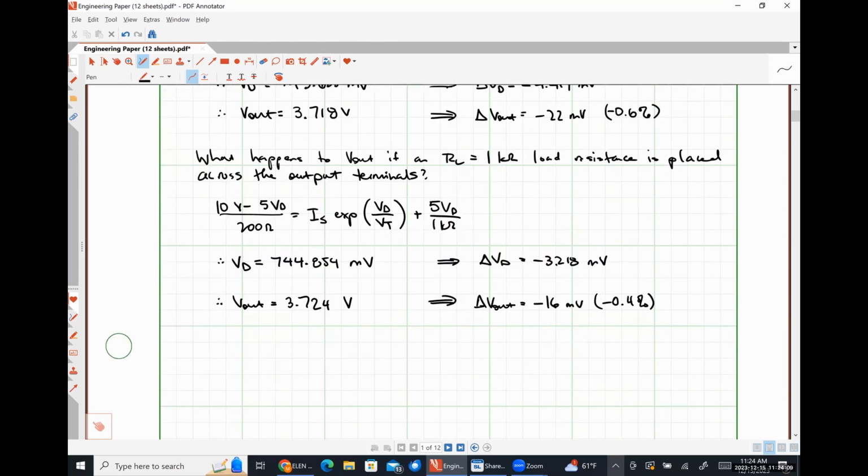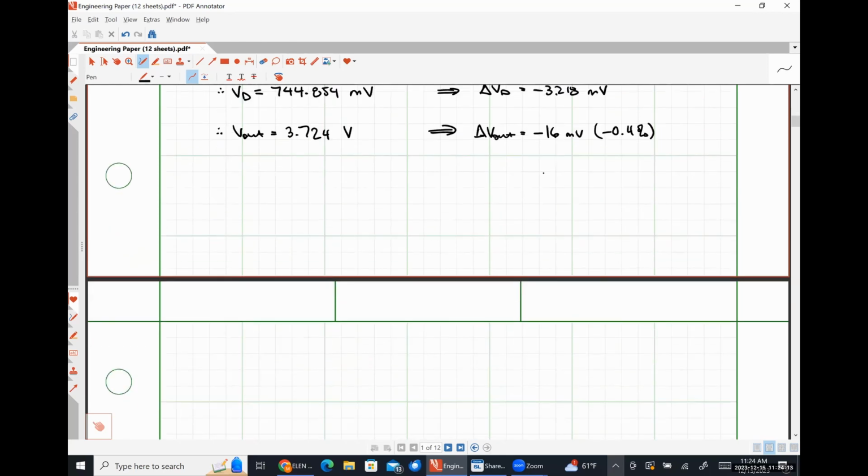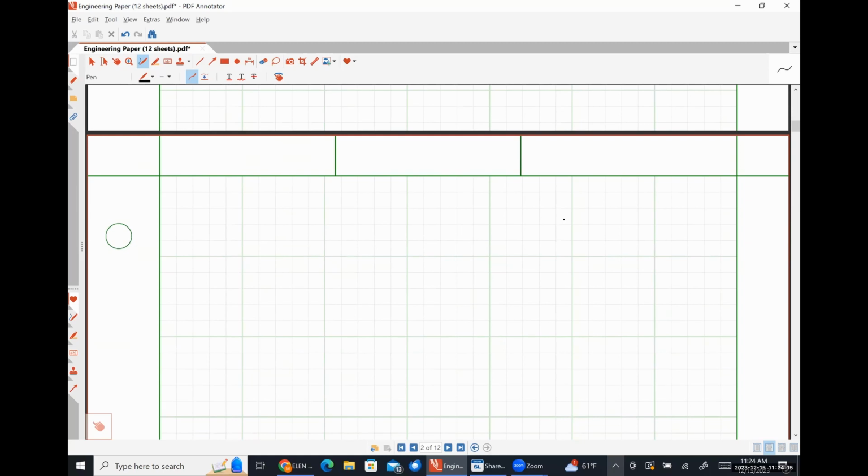So if we were to plot our diode current versus diode voltage, we would have a relationship like this.